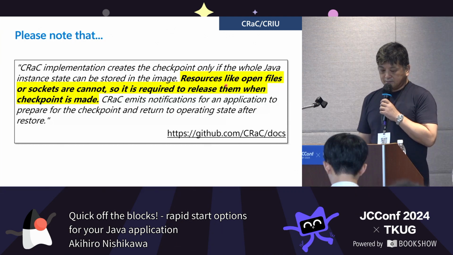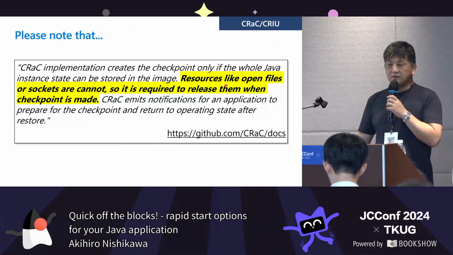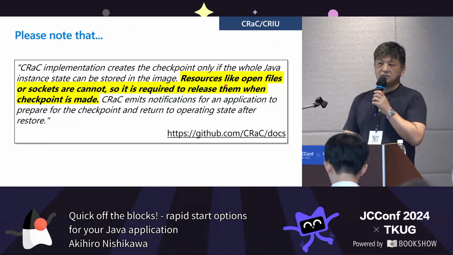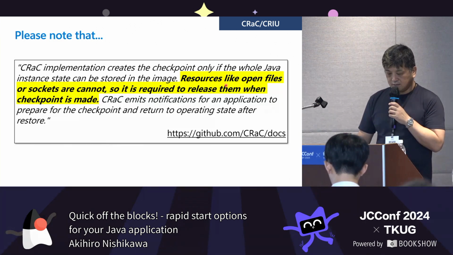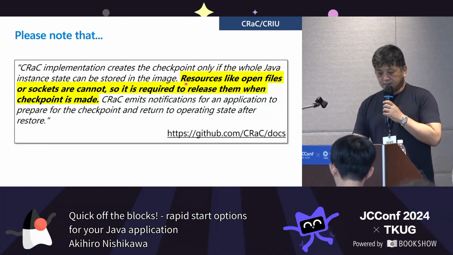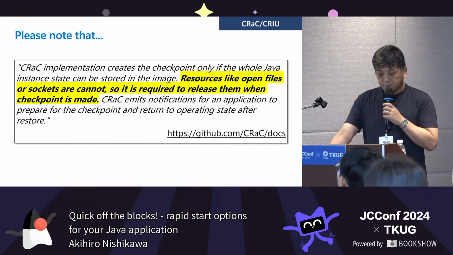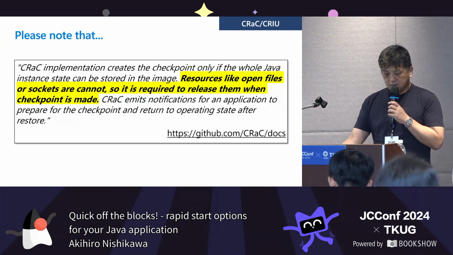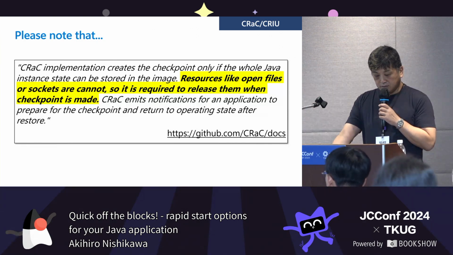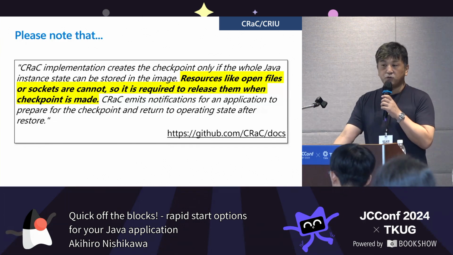But a little bit tricky restriction is found in CRaC. CRaC has a restriction, which I marked in yellow. Resources like open files or sockets cannot be kept, so it is required to release them when the checkpoint is made.